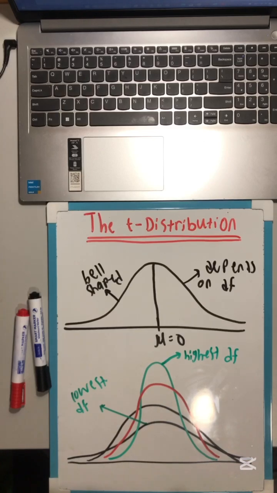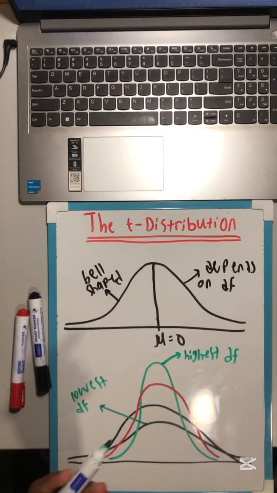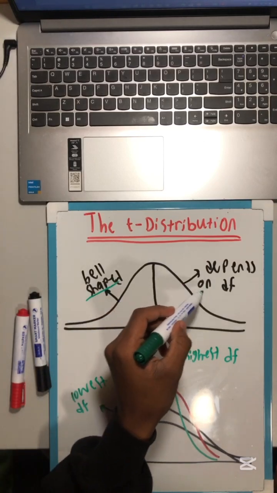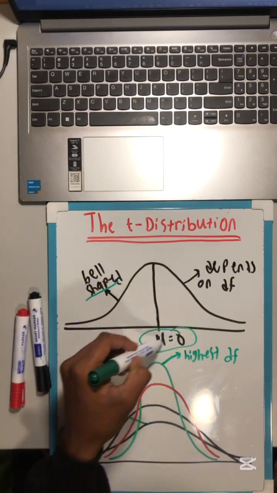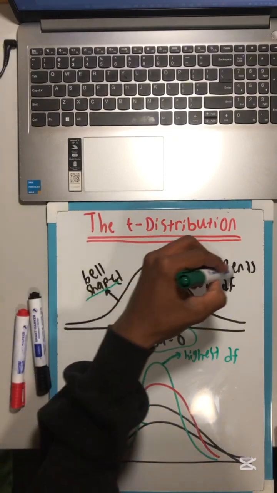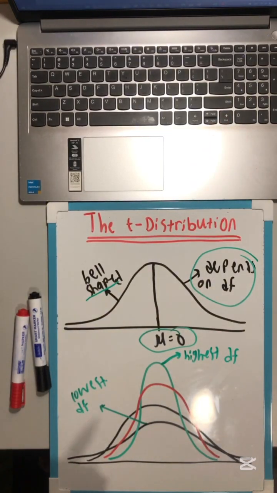So this is one property. These are the properties: it is bell shaped, it is symmetric about the mean zero, and the shape of its distribution depends on the degrees of freedom.